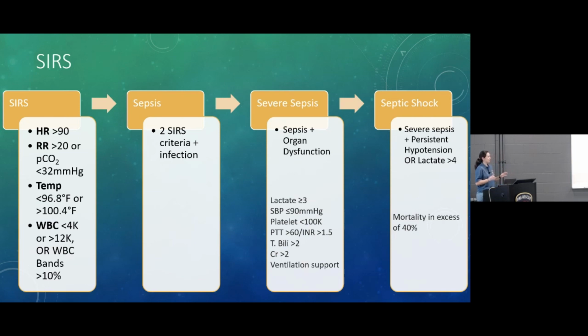And then sepsis was 2 SIRS criteria plus the source of infection, which sometimes an infection source was never found, but they still had sepsis.